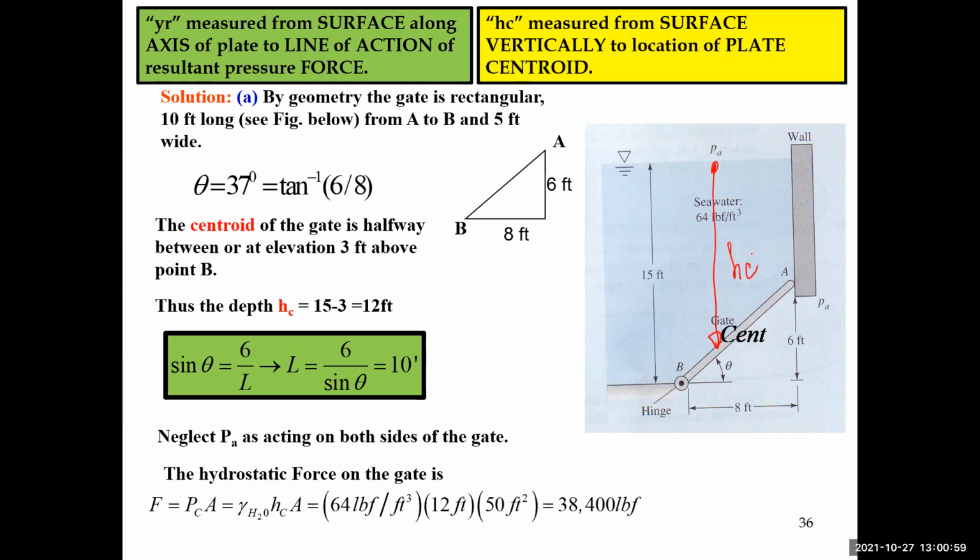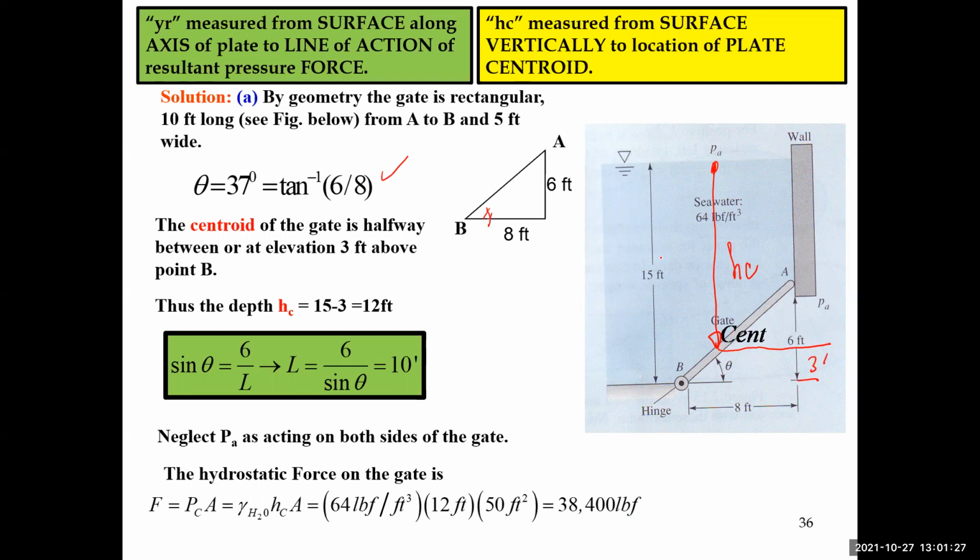Okay. So first of all, let's find the angle theta. I know that theta is equal to the arctangent of 6/8. The center of the gate is halfway, at an elevation of 3 feet above B. So this distance here is equal to 3 feet.